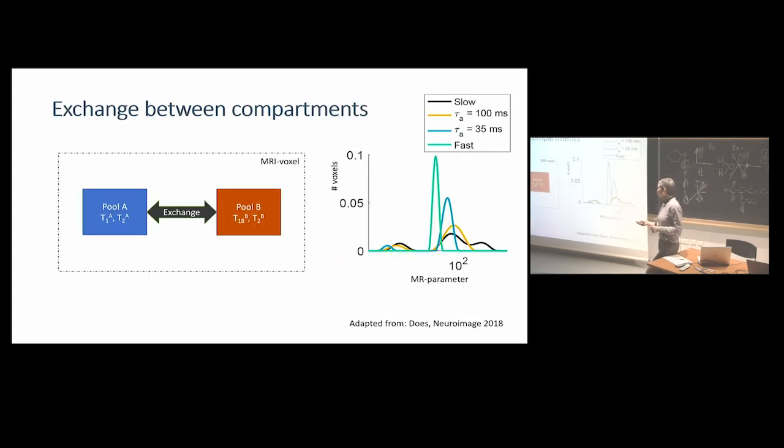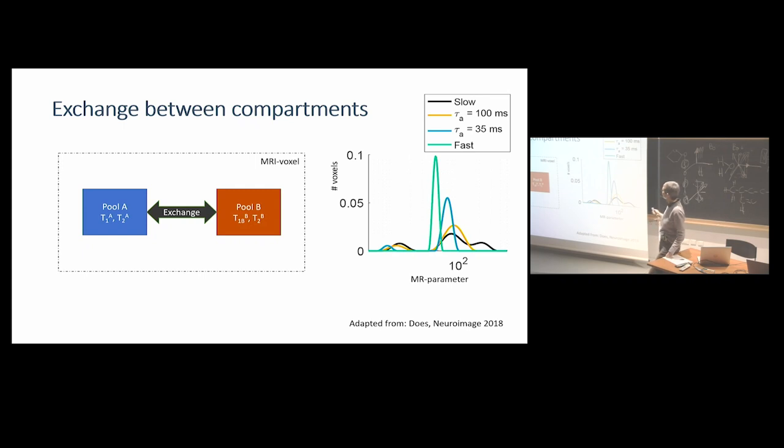The thing is that these pools exchange with each other. So exchange MRI is, of course, also a very hot topic, which I won't talk about. But it basically resides on this cartoon here. So depending on whether the exchange is fast or slow, you can or cannot observe the two pools.